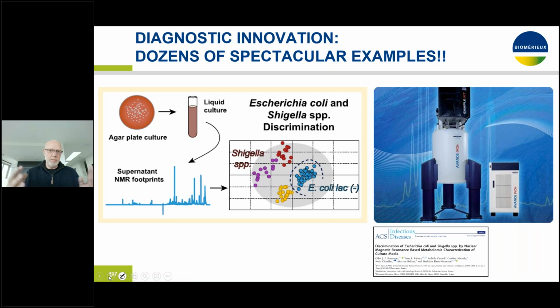The equipment may be bulky and big. The fact is that it's not an open access system where you can put in at any moment that you want your next specimen or your next clinical specimen. That is a drawback.